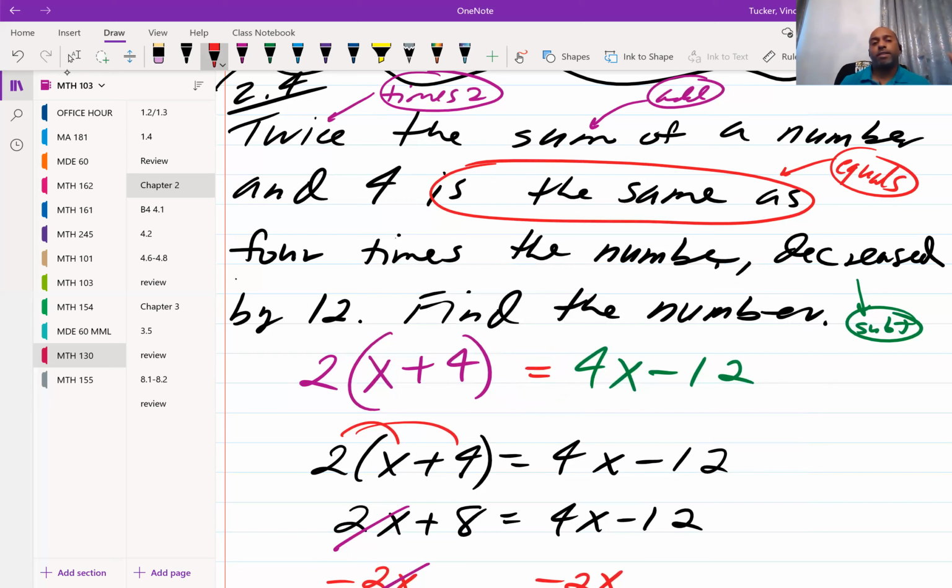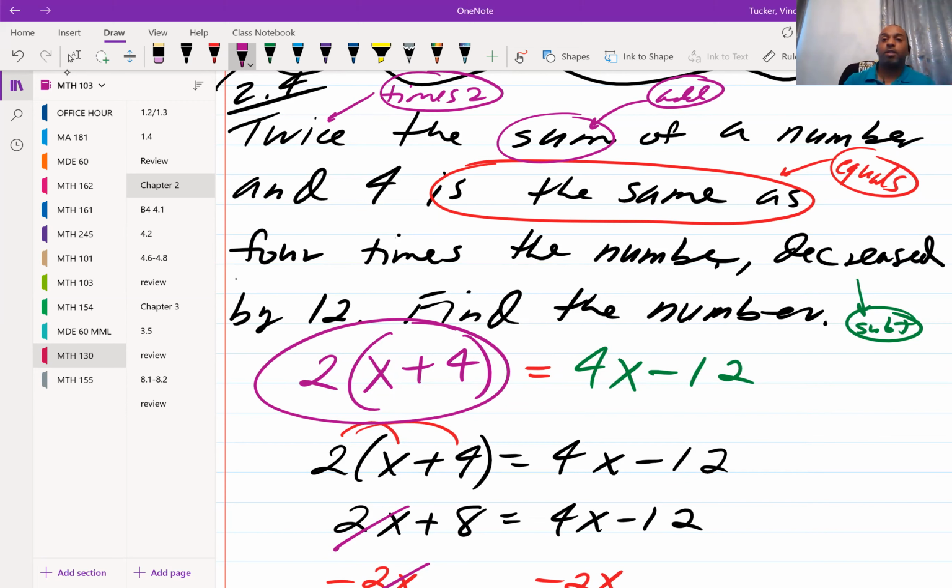So before that, the left side of our equal sign, it says twice the sum of a number and 4. So twice means times 2. And then the sum of is the addition of a number and 4. So notice how I wrote that. You're talking about twicing the sum. We're not twicing x. We're not twicing a number.